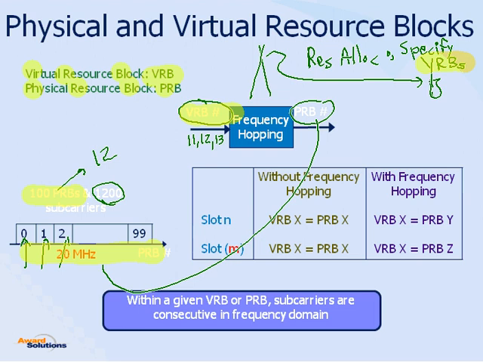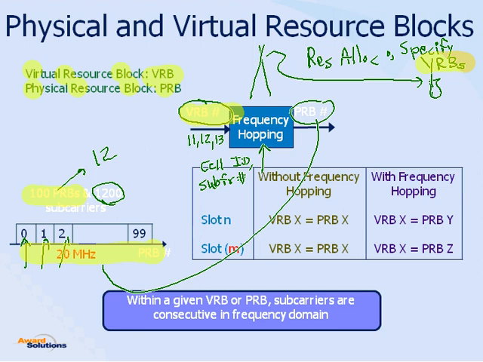And then the UE will use a formula for frequency hopping, and that formula has some other inputs also, for example, the identity of the cell, the number of the subframe, etc.